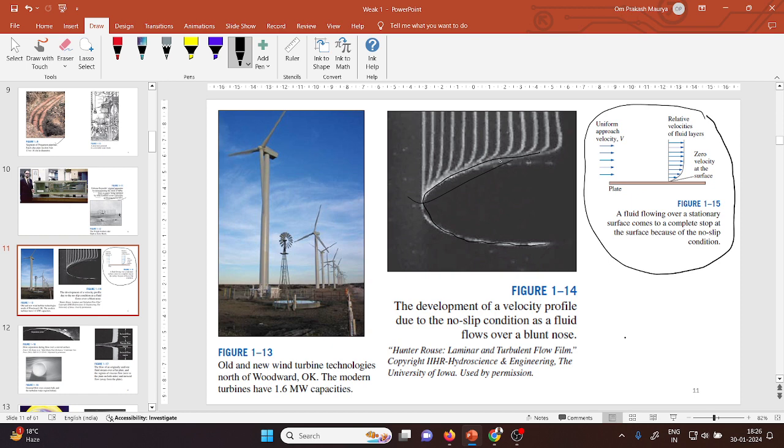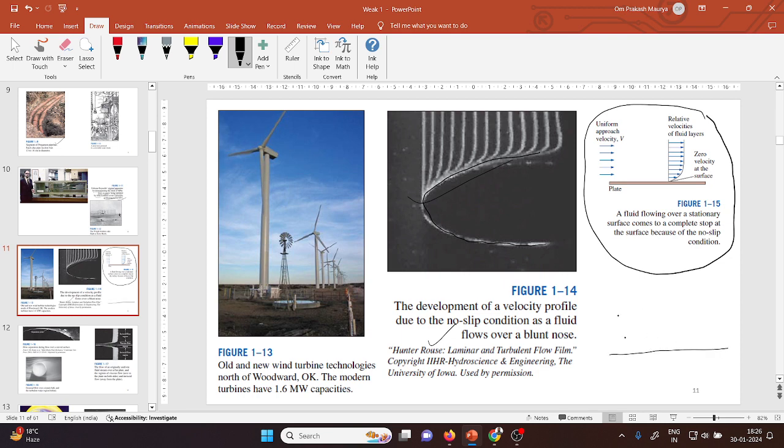Adjacent to the solid, your velocity is very small compared to the free stream or the middle. So this is the experiment done by Hunter Rouse. Now, the velocity diagram is like that. So you can visualize from here for your understanding.